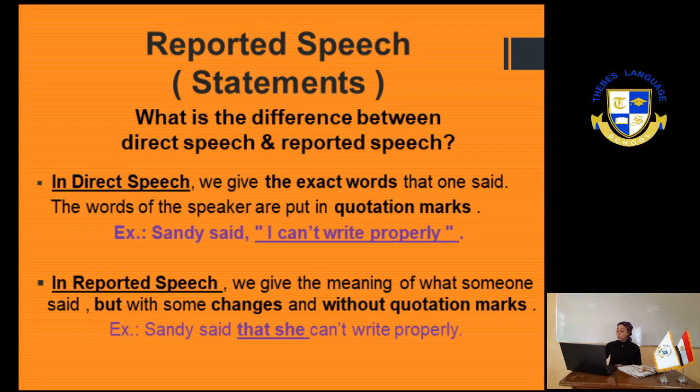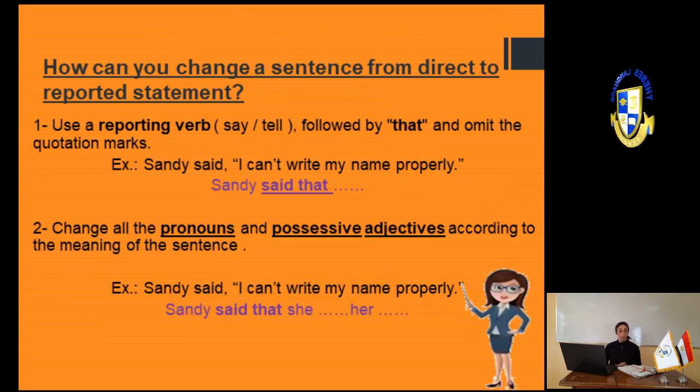Okay, let's move to slide number 3. How can you change the sentence from the direct to indirect or to the reported speech? Use a reporting verb. What are the reporting verbs? Say or tell, followed by that. And omit the quotation marks.